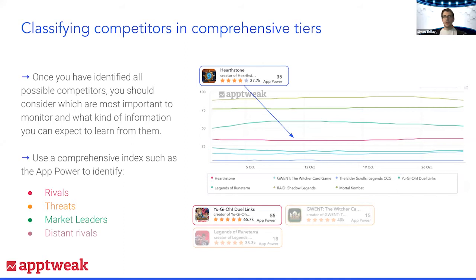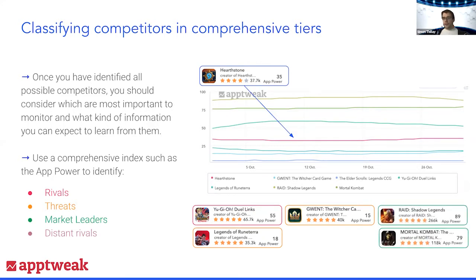But at the same time, you also have threats, Legends of Runeterra and Gwent, games that have very similar gameplay to Hearthstone, but smaller app power, so they're technically not above Hearthstone, but you still want to keep a very close eye on them to know what they're doing.